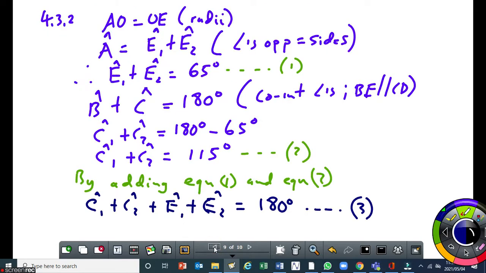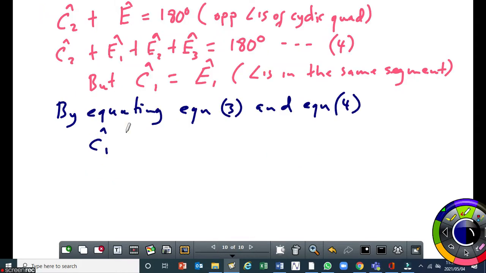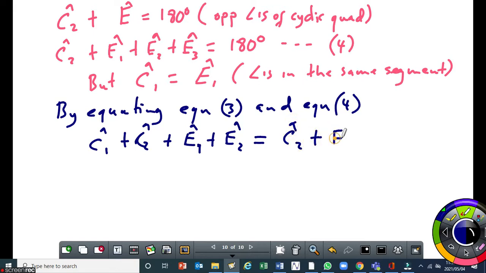So I can write this C1 plus C2 plus E1 plus E2 is equal to the left hand side of equation 4. So that's C2 plus E1 plus E2 plus E3. Okay? I equated the left hand side.